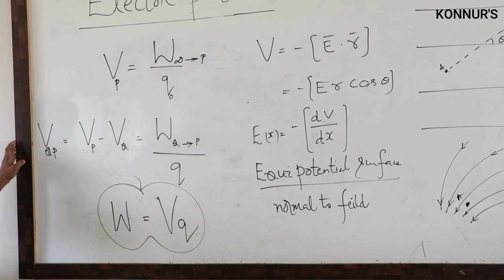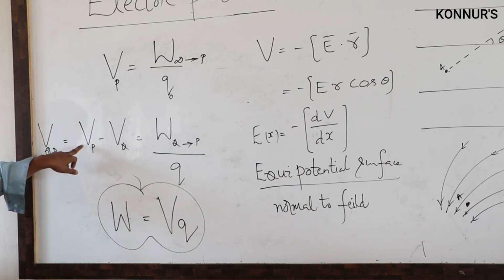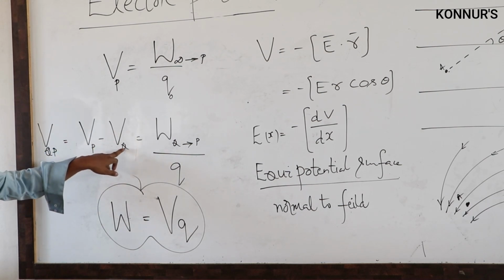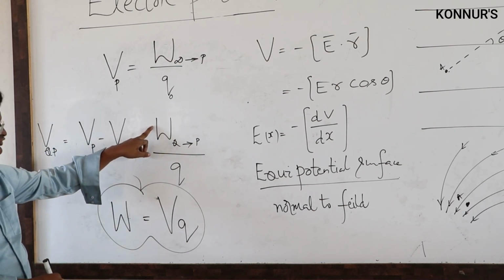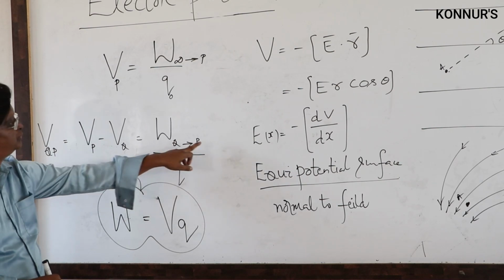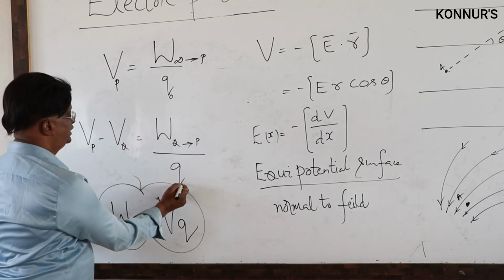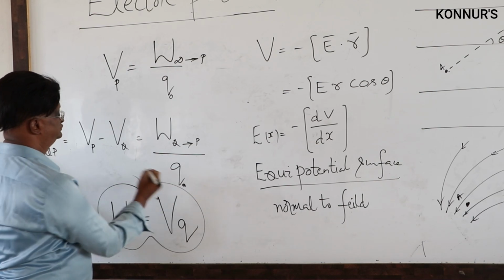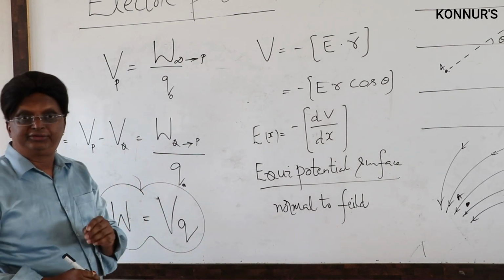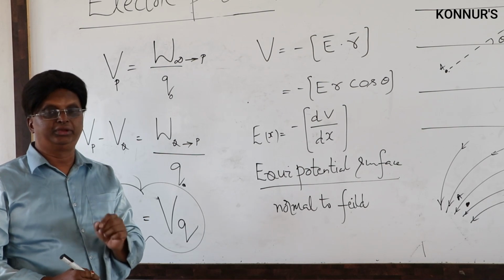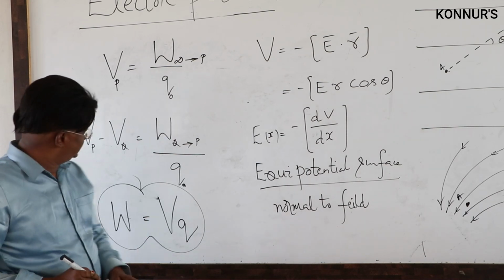What is that? Potential difference between the point Q and the point P. VQP. This terminology is very different. Look here, VQP is nothing but Vp minus Vq, that is the work done in moving the charge from the point Q to P, and of course denominator the same, test charge, like this. And the SI units, dimension formula, everything, please look at your notebook.